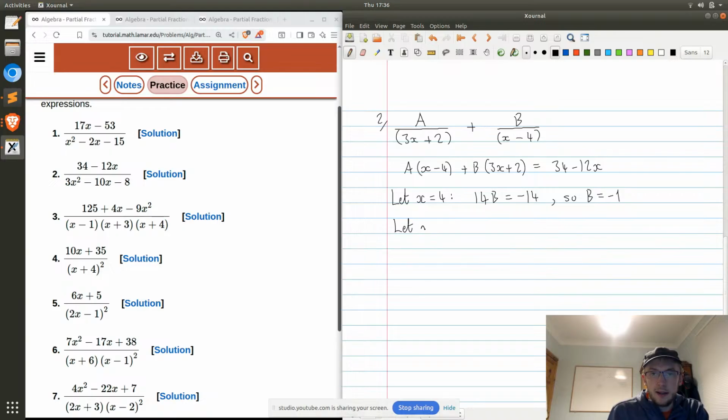Then we'll let x equal negative 2 over 3. And that should disappear, and that should stay. So negative 4 2/3 of a, which is the same thing as negative 14 over 3 times a.